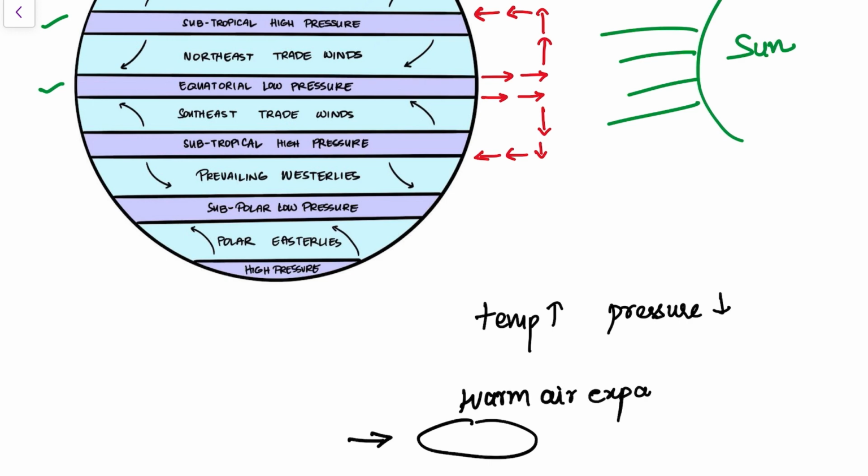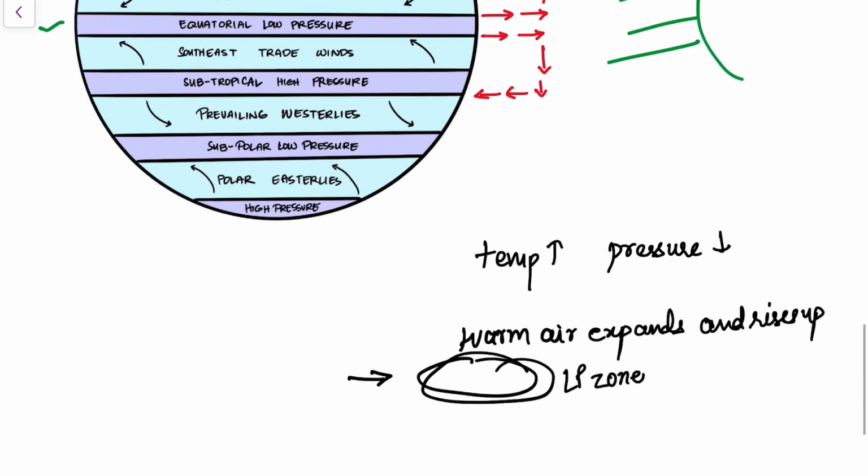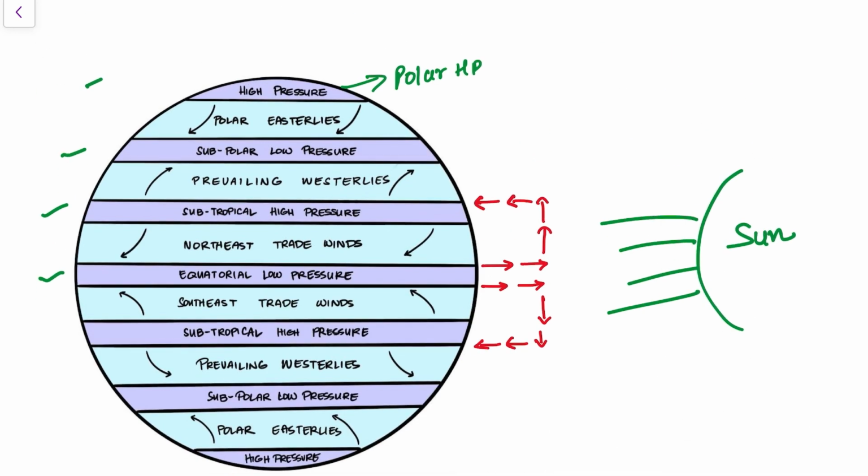On expanding, it rises up. Since it rises up, it creates a low pressure zone. For cold air, it will be a high pressure zone, right? So this is equatorial low pressure. The low pressure is just because of the warm air that is present here.